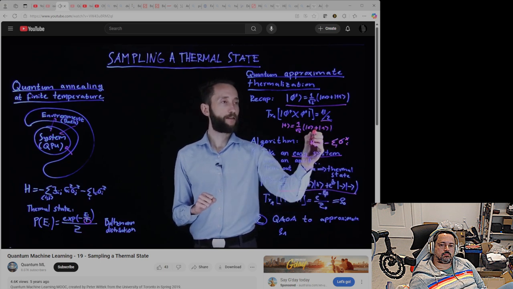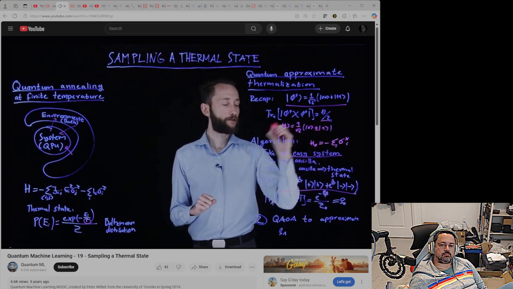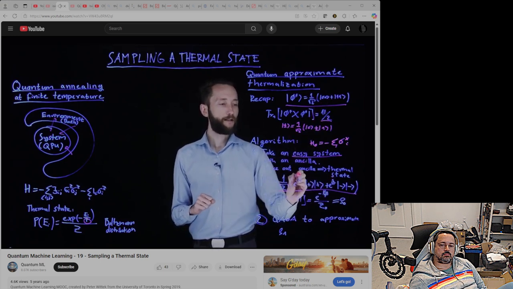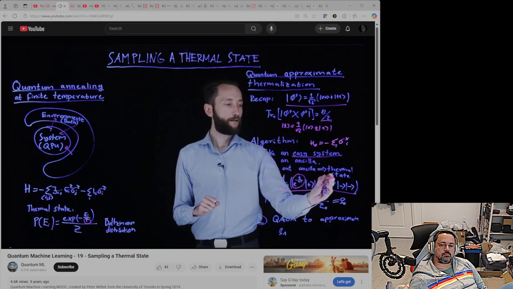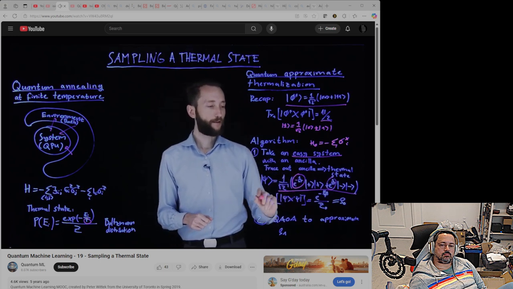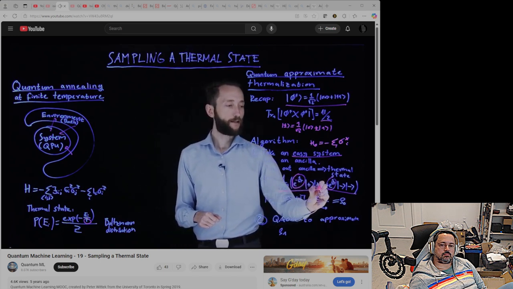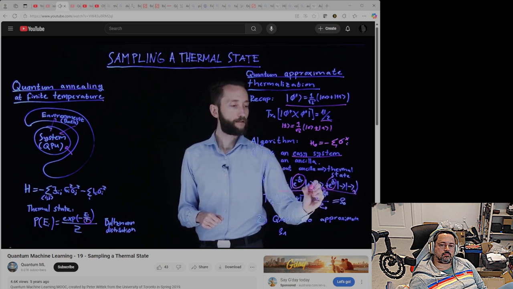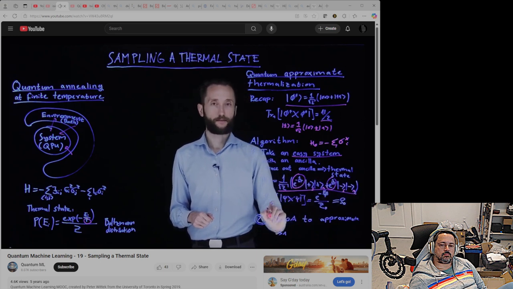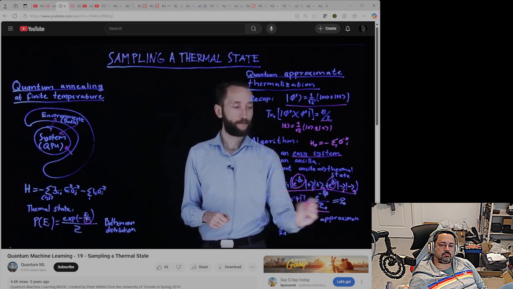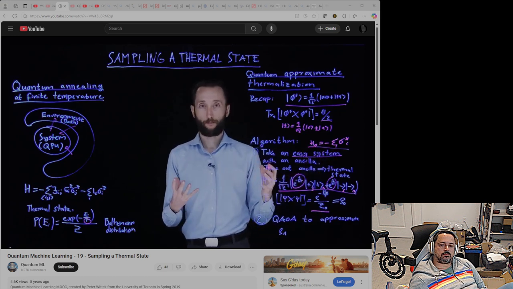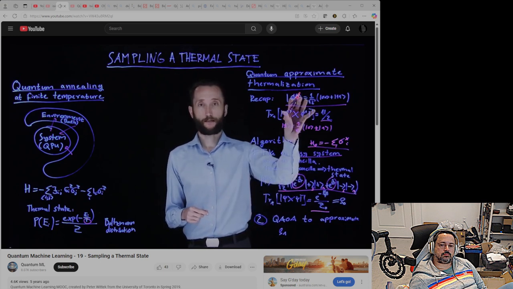And the minus state is the same thing with the minus sign here, so we can just write it this way. It looks almost identical to the maximally entangled state, with the exact difference that you have these coefficients in front of the individual terms and some normalization factor. Now, this is the ancilla system, and this is your actual system that you're interested in. If you trace out the ancilla system, what you're getting is exactly the thermal state of this Hamiltonian. So this was easy to prepare. And it's just the same idea as we did here.